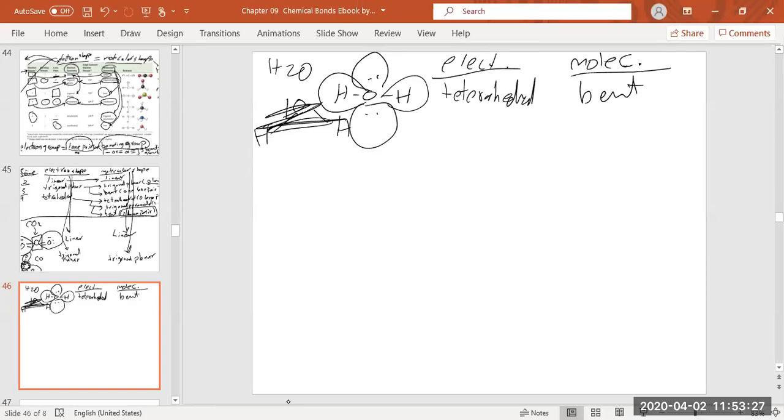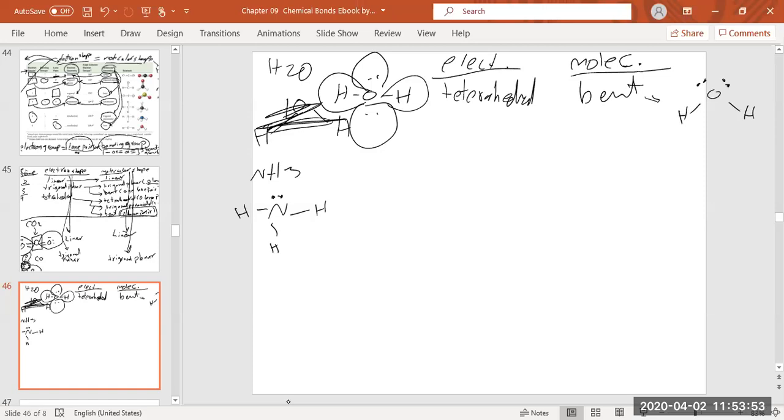Let's look at another molecule. Let's say we have ammonia, NH3. This is the Lewis structure for ammonia. And look here, when it is bent, that's how it will be: oxygen, hydrogen, hydrogen. This is the bent.